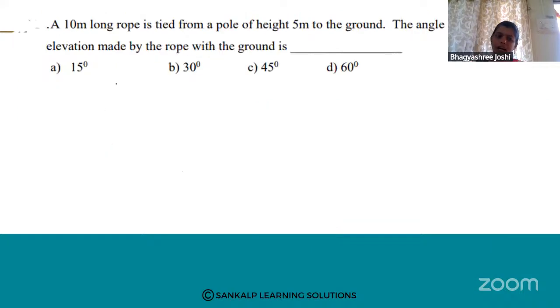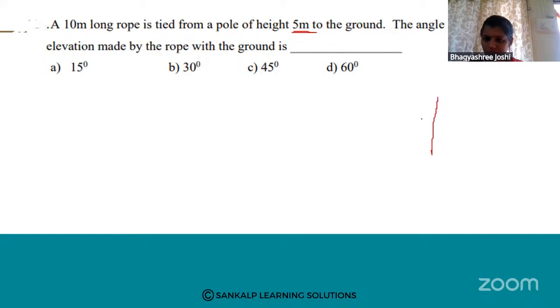Next. A 10-meter long rope is tied from a pole of height 5 meter to the ground. Find the angle of elevation made by the rope with the ground. So one pole is there.